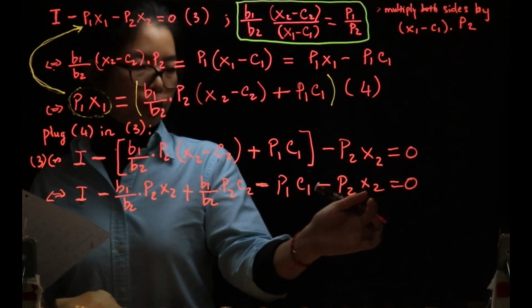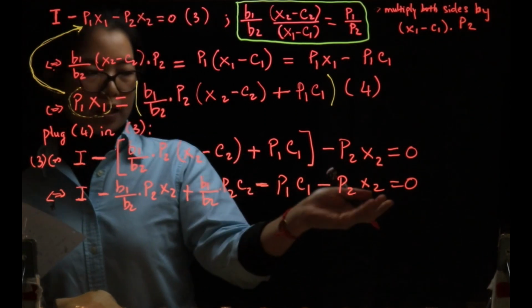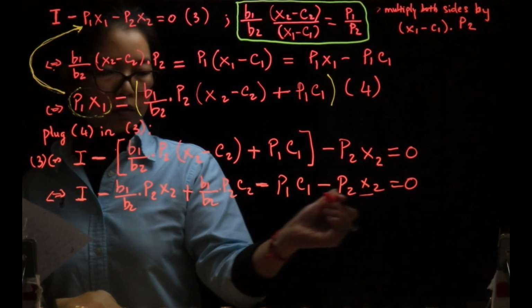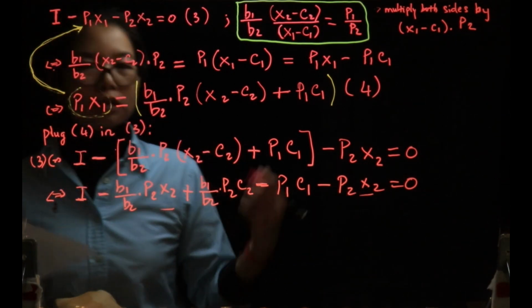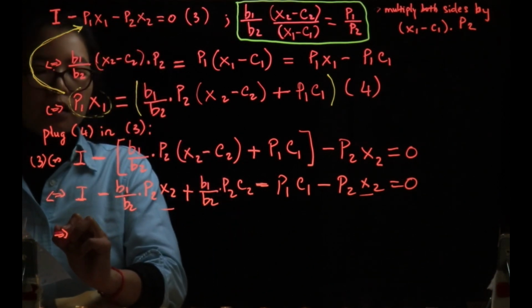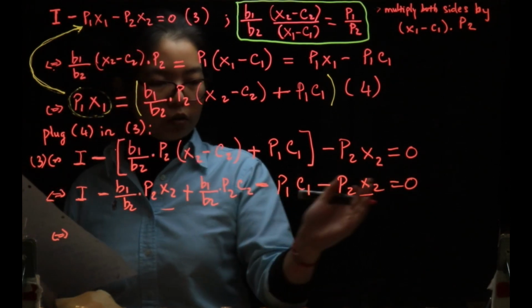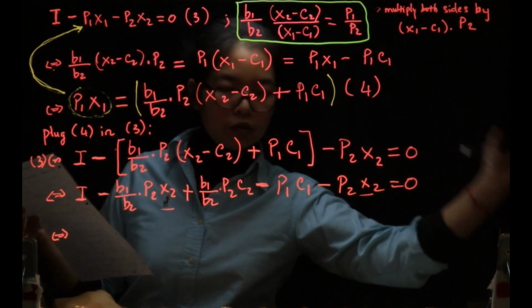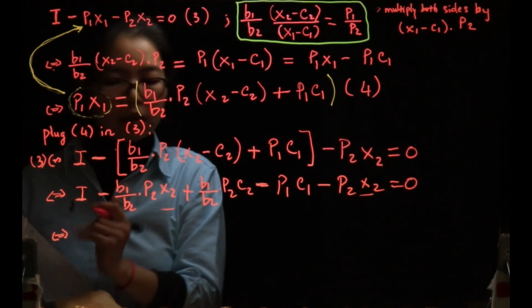Now let's put p2 x2 together, like here there's one and here is another one. We wanted to solve for p2 x2, right? So in the meantime, we also can put them on the right hand side and everything else on the left hand side.